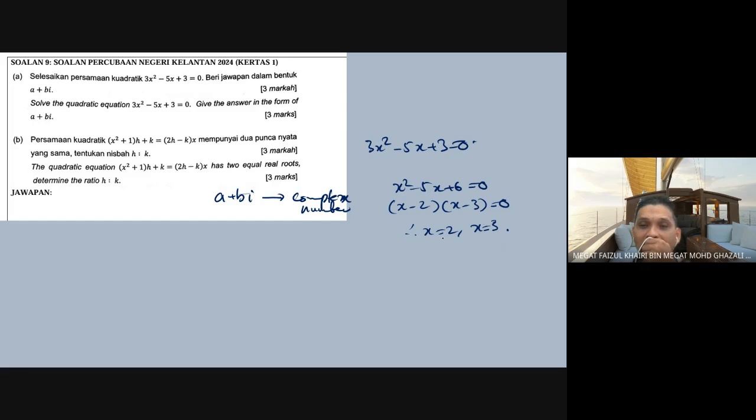This is a real number. But if the question wants us to solve in the form of a plus bi, this is something we cannot solve with real integers. They need a real part and an imaginary part.